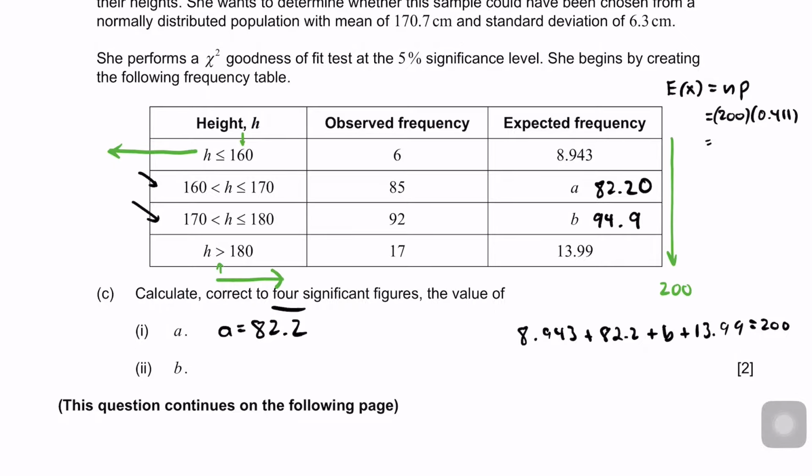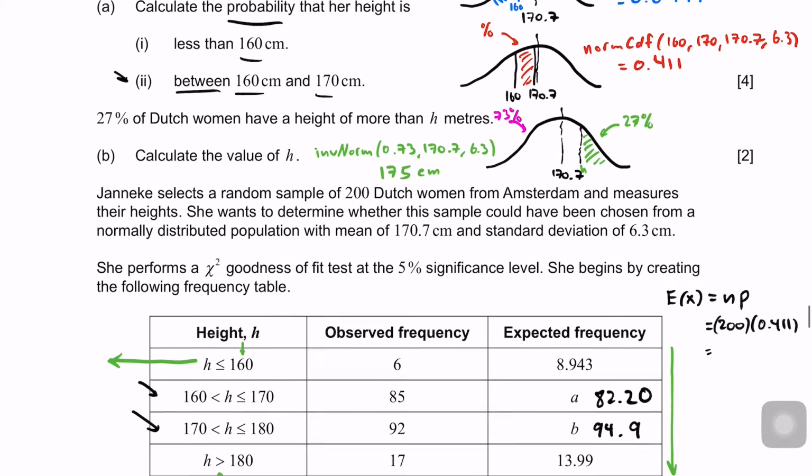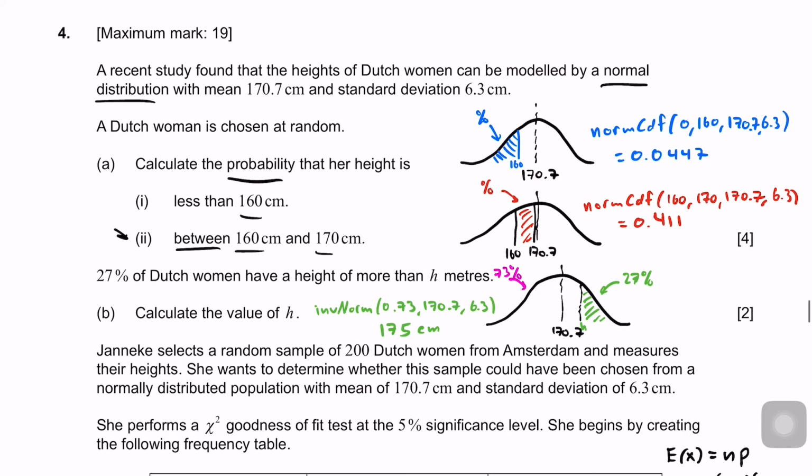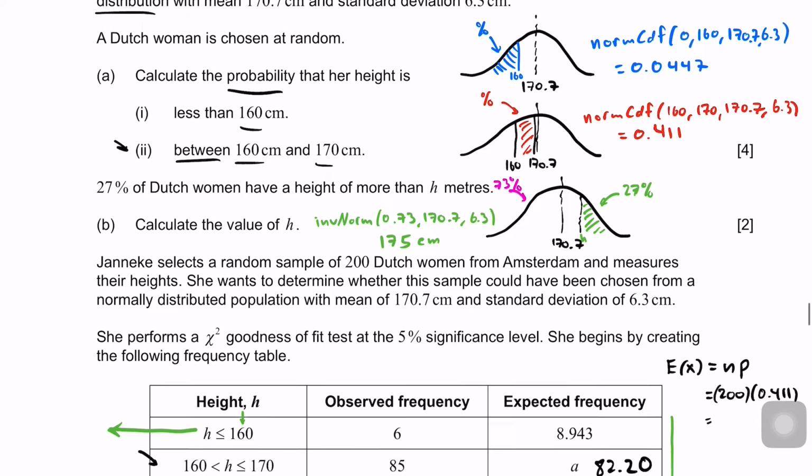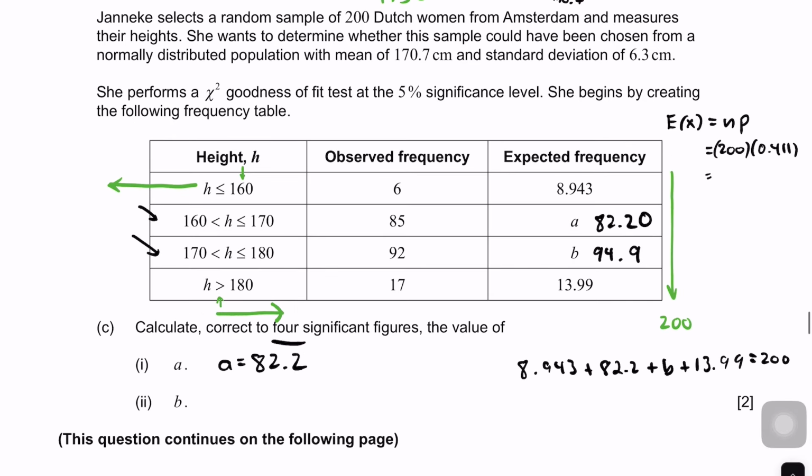And this, I'm just trying to see if they're asking for 4 sig figs up here, but they aren't. Okay. In that case, it would just be 82.2 plus 13.99, and then 200 minus the answer would be 94.87.